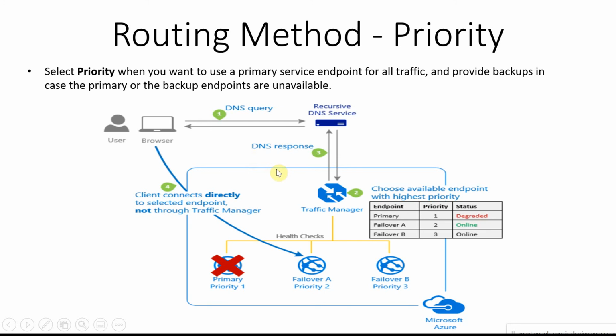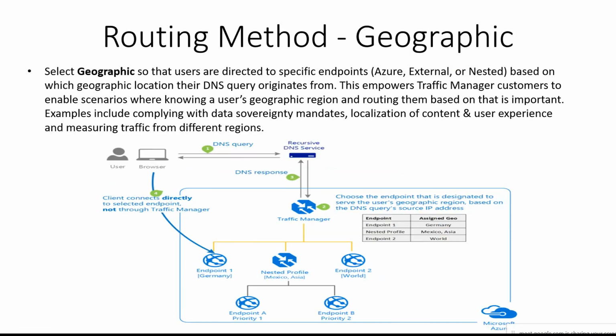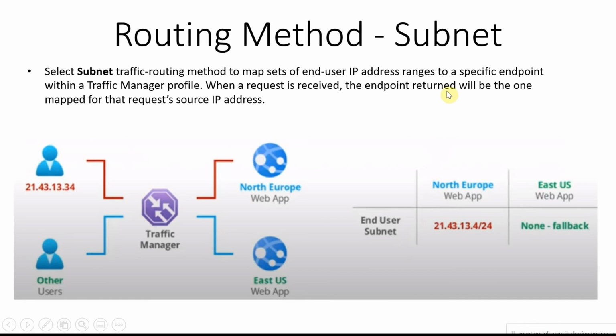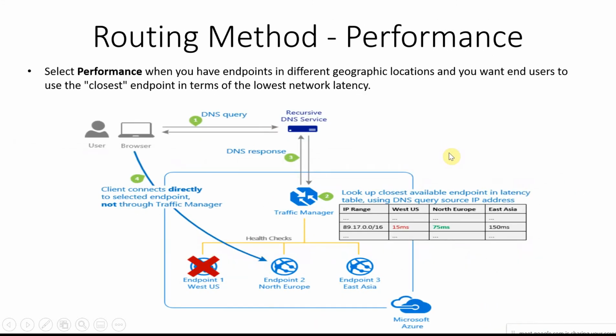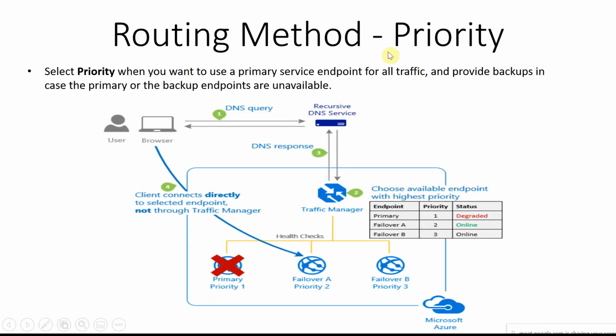There are a lot of rules, for example priority, weighted, performance, geographic, multi-value, and one more is subnet. One, two, three, four, five, six. So six routing methods are there.